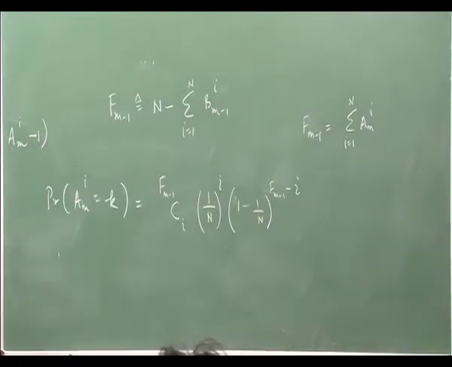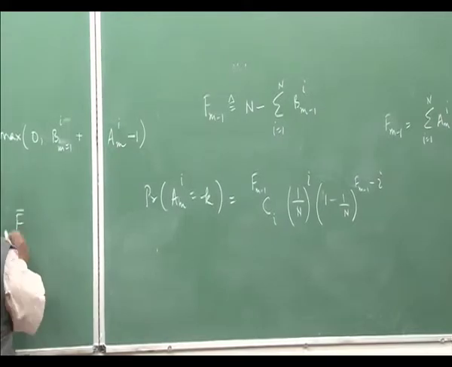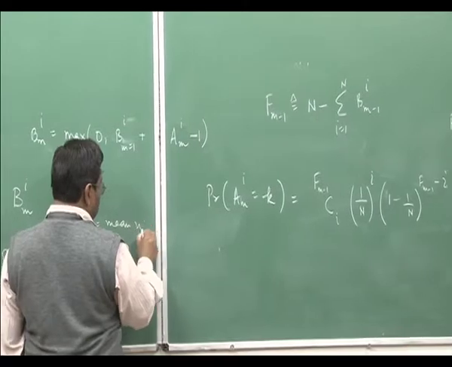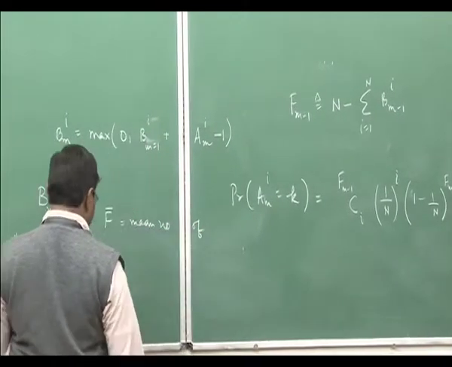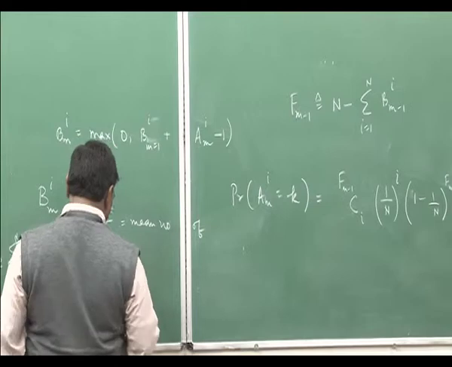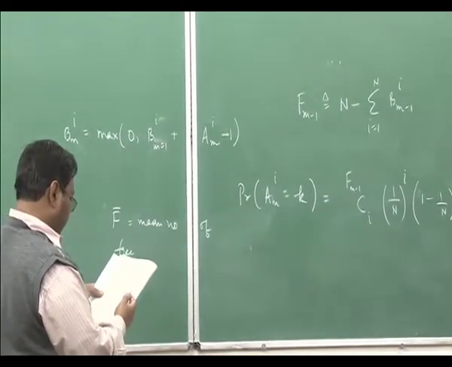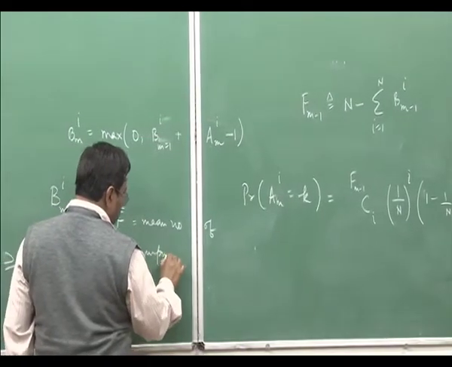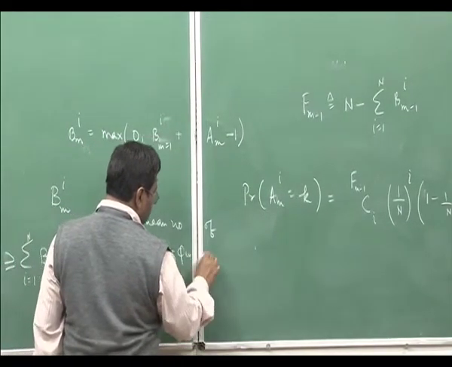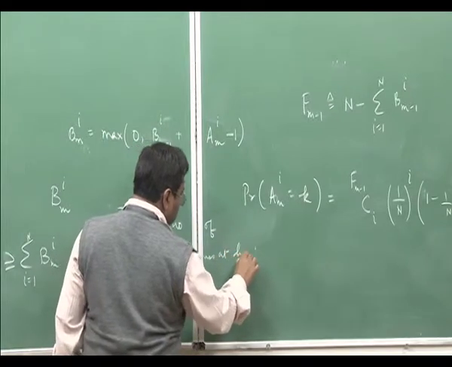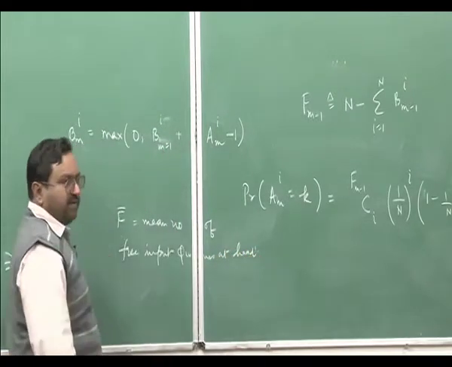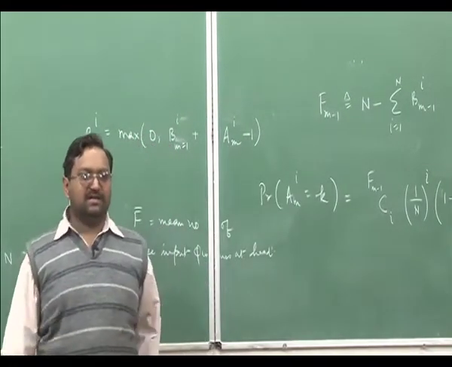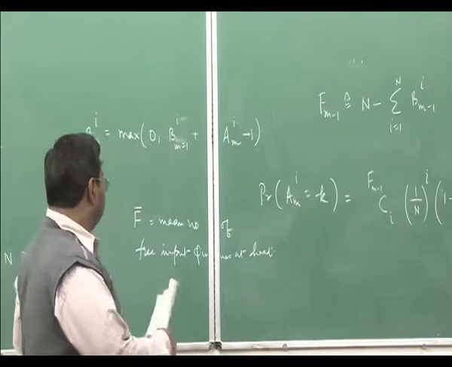And I can make an estimate, calling something F bar, which is the mean number of free input queues after every time slot. This is the statistical average under a steady state condition. Let that be f bar.